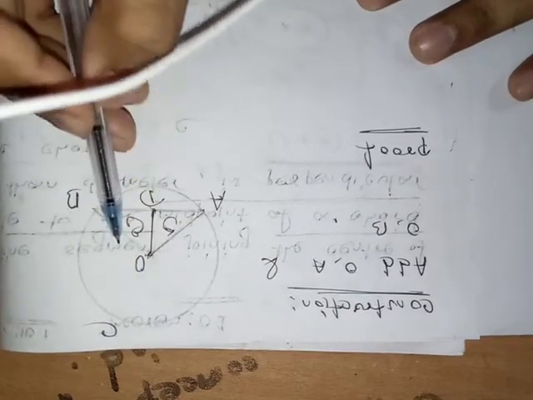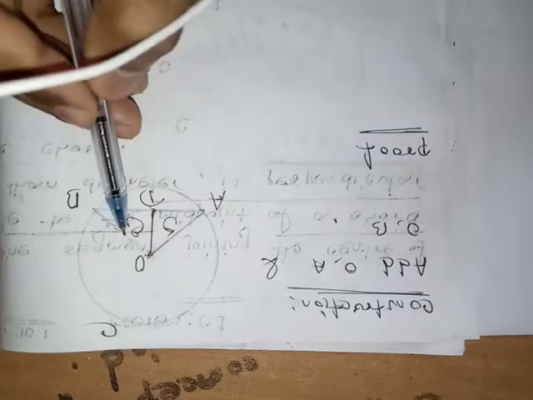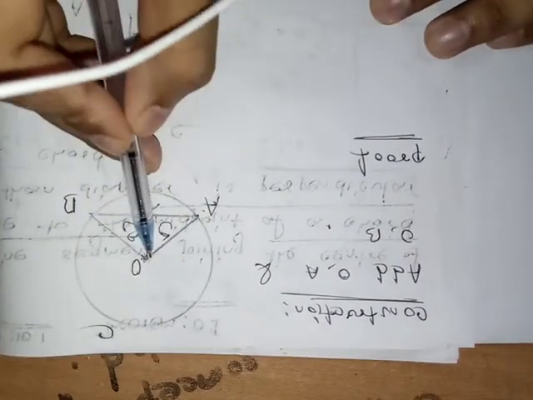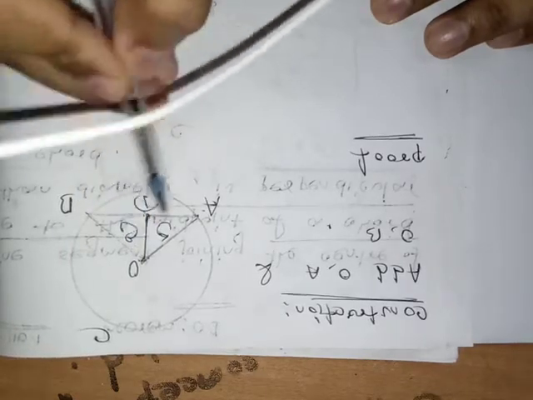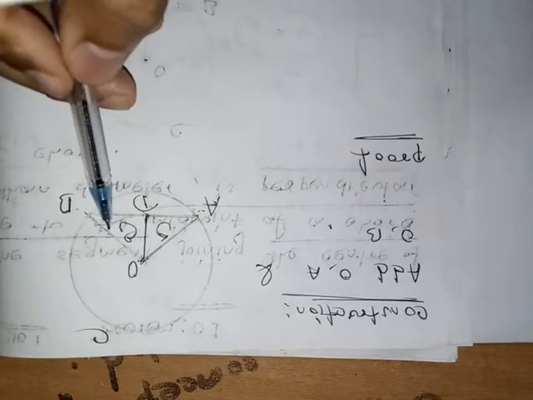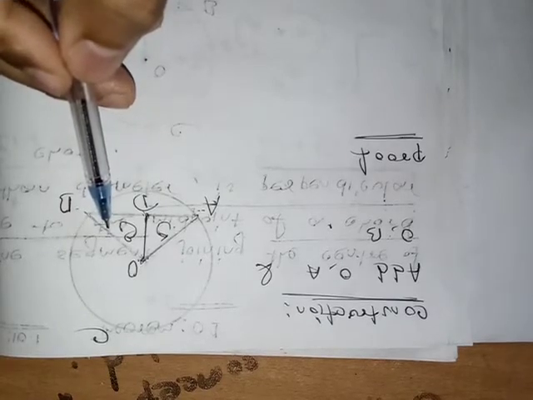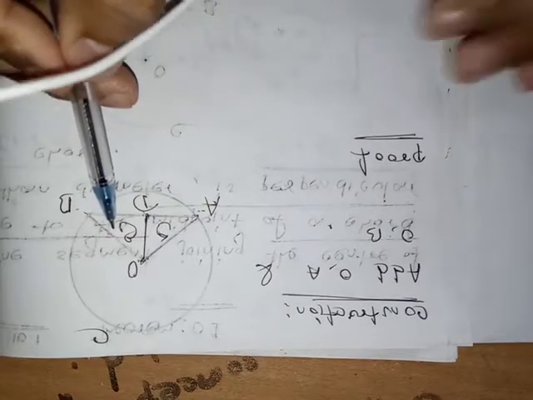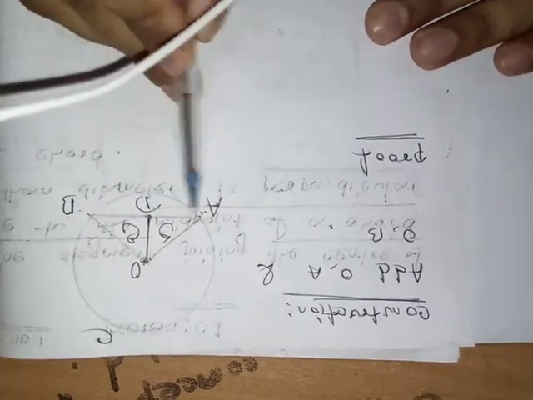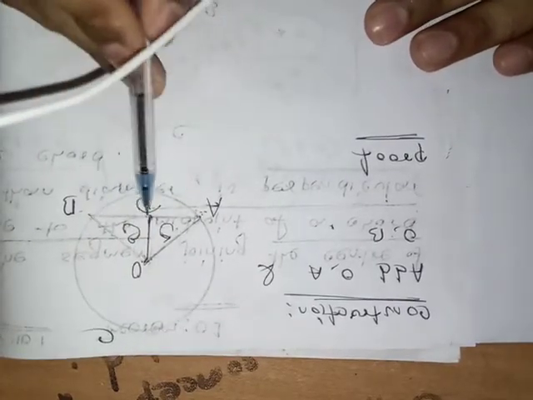In our diagram, we have a total of 3 triangles: one is ADO, one is BDO, and another is ABO. But we will fix our eyes only on 2 triangles. One is ADO, another is BDO.